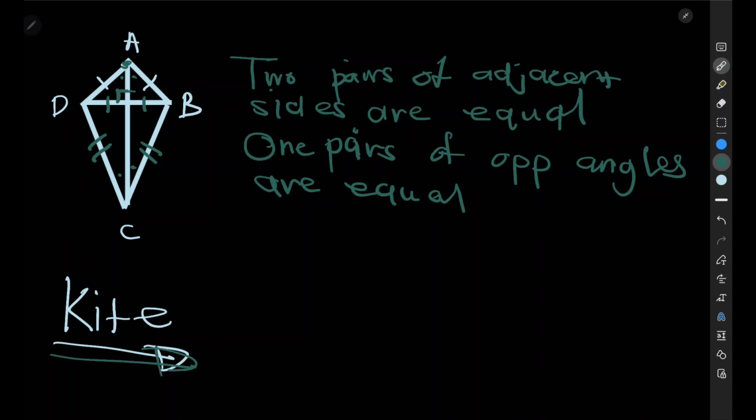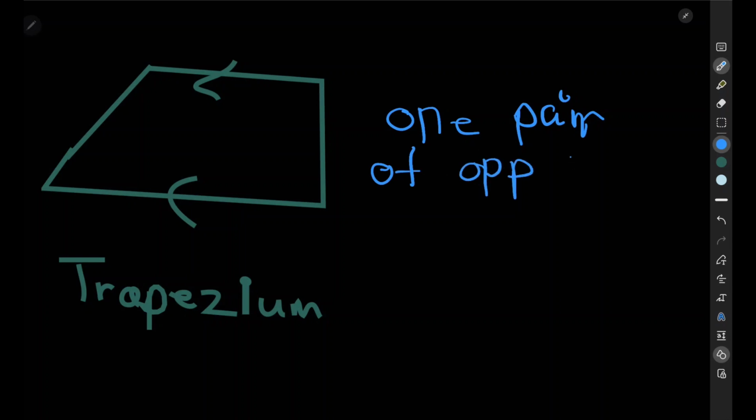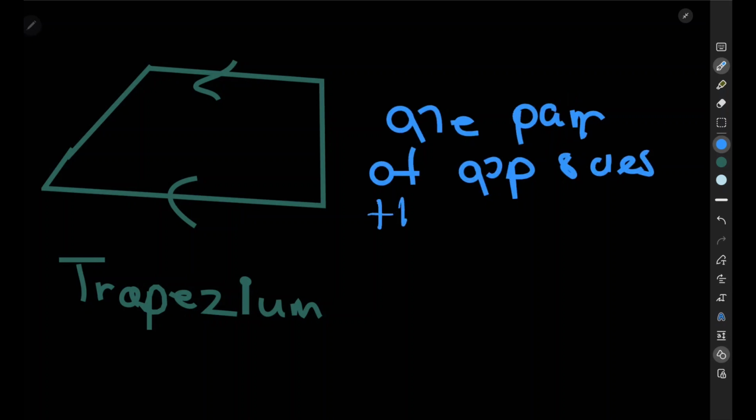So we're just going to move on to our last shape now. The last shape that we have is a trapezium. There's only one property of a trapezium that you need to know, and that property is that we only have one pair of opposite sides that are parallel.